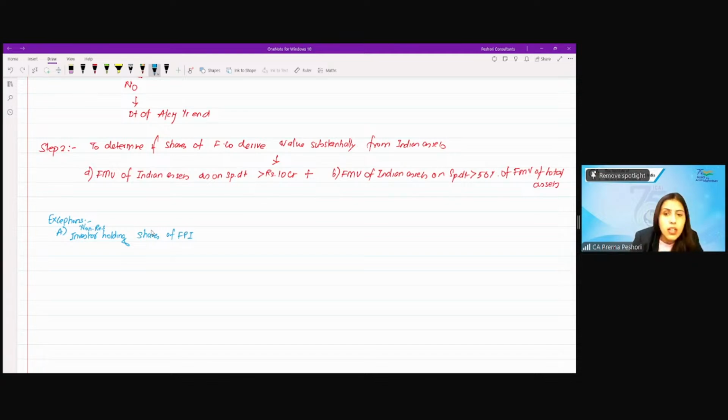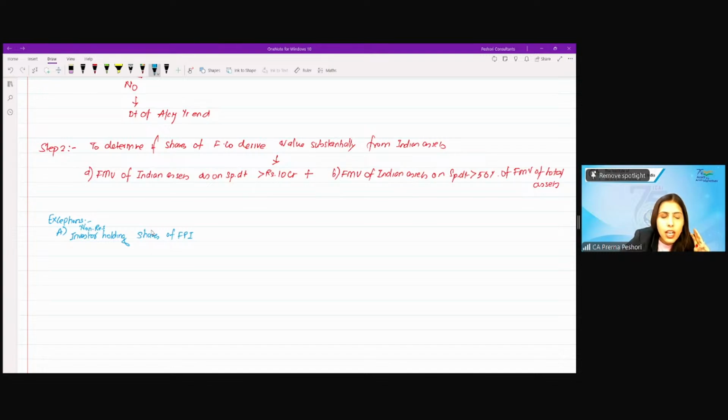Okay. So any income accruing or arising to those non-resident investors will not be considered to be falling within the indirect transfer provision. Clear? Any questions till now? Any doubt? Yes. So those are outside the purview of this.